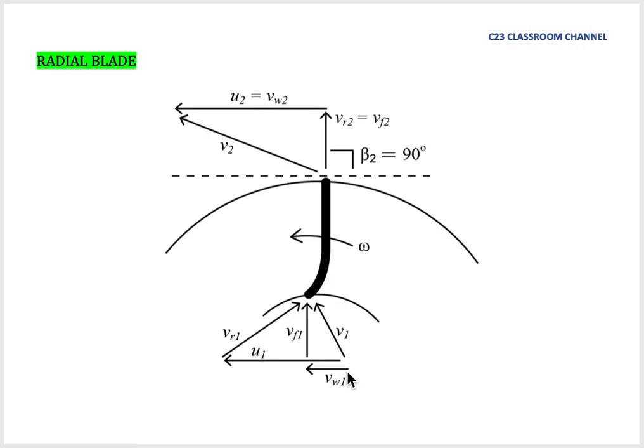We could draw the velocity triangle at the inlet the same as for the forward blade. So we have actual velocity V1 here, and then we have components U1 and VR1. And then we could draw another component, V1 here and VF1 here.